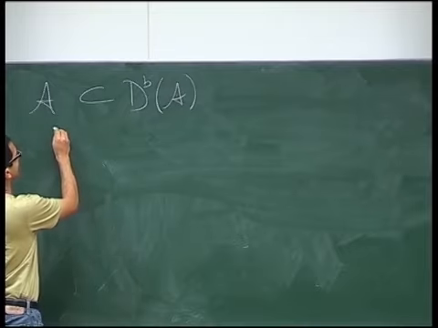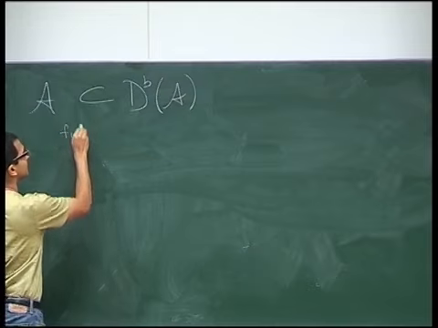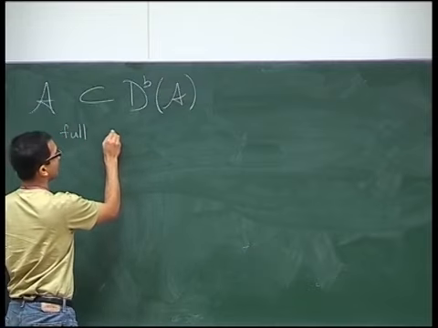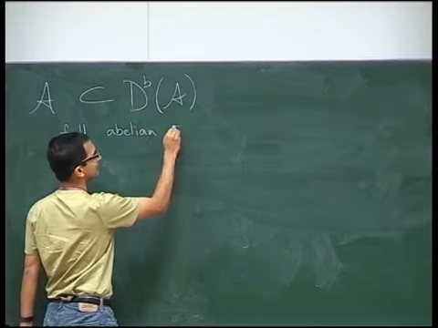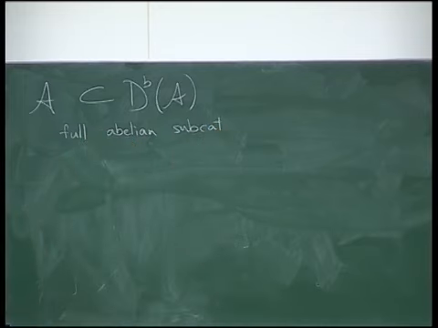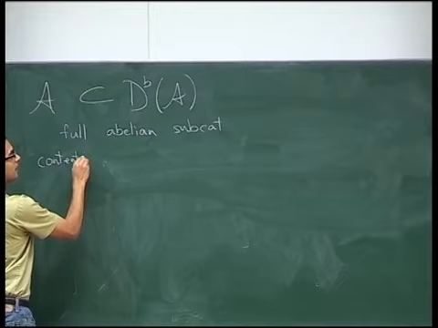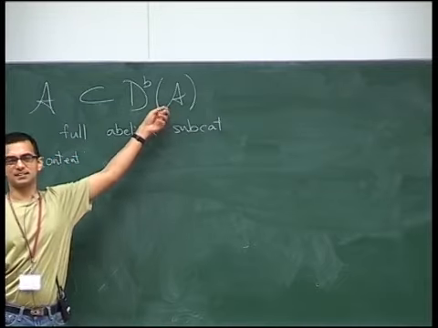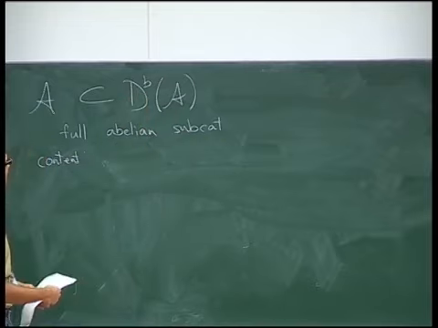In fact, you can make a slightly stronger statement. A is actually a full subcategory of the derived category, and of course it's abelian to begin with. And this statement has a bit of content. The content is that morphisms in the derived category are something quite complicated that we had to spend some time thinking about.